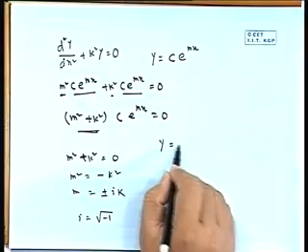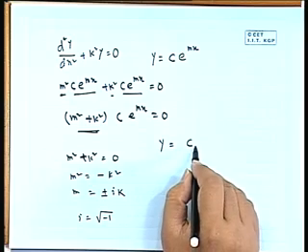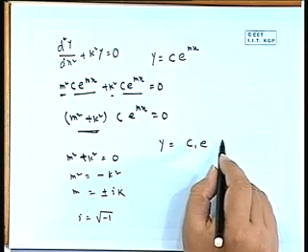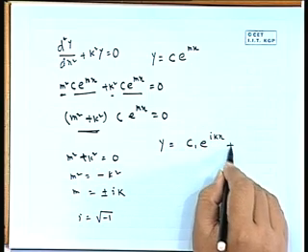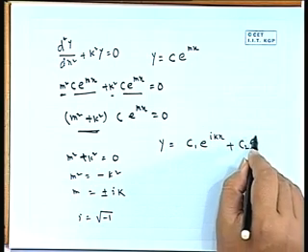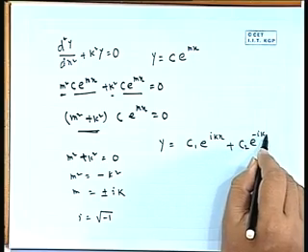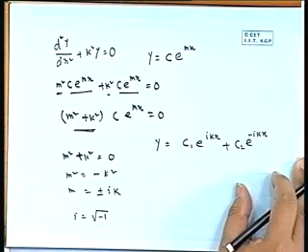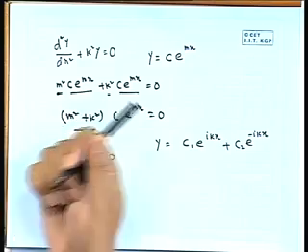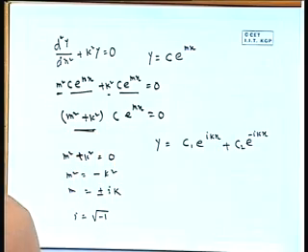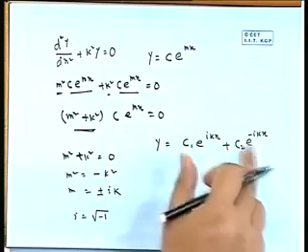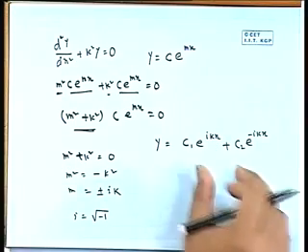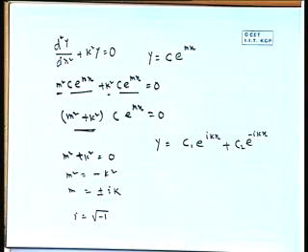So y will be, say one of the c values is c1, so c1 e to the power ikx, and another is c2 e to the power minus ikx, right. So it is e to the power mx, where m is ik or minus ik. If we put ik, it will work, and with minus ik also it will work. So we can say both will be there, with c1 and c2.